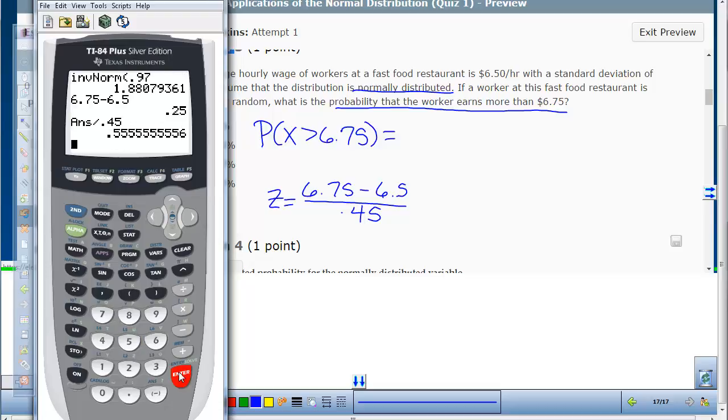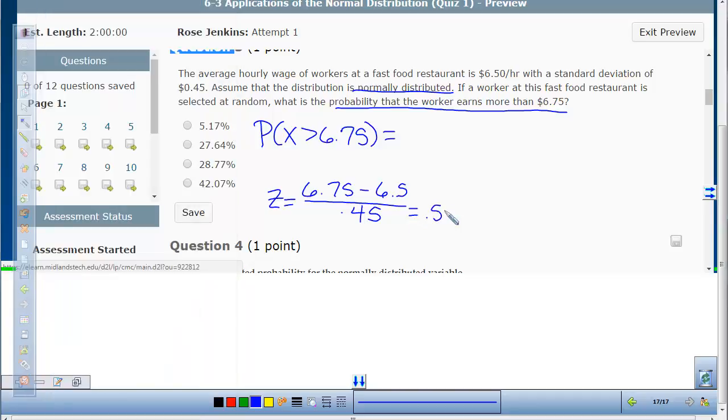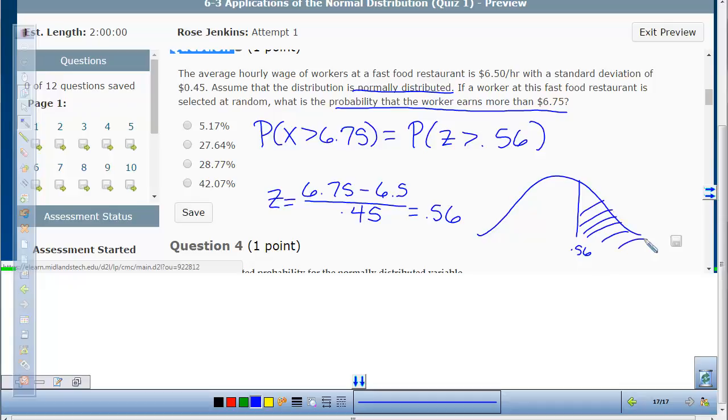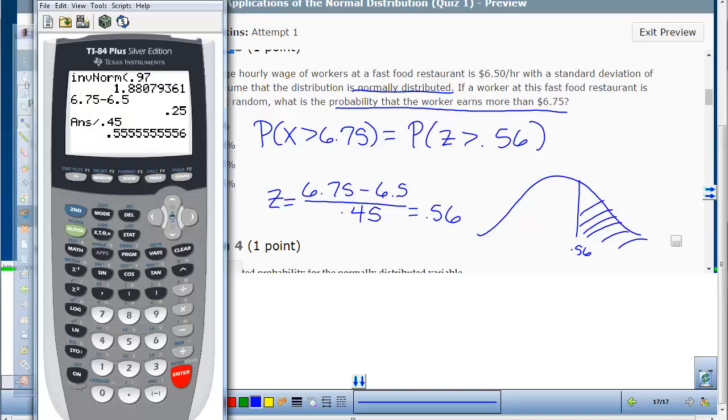So if we do that on our calculator, we get, we'll just call that 0.56. So we're interested in the probability that z is greater than 0.56. Okay, if we want to draw a picture, 0.56 would be over here. We want to be greater than, so my lower bound is 0.56, my upper bound is going to be some large number.